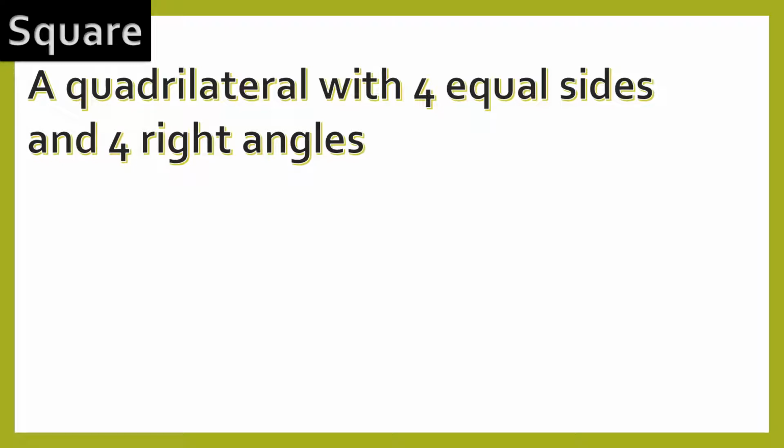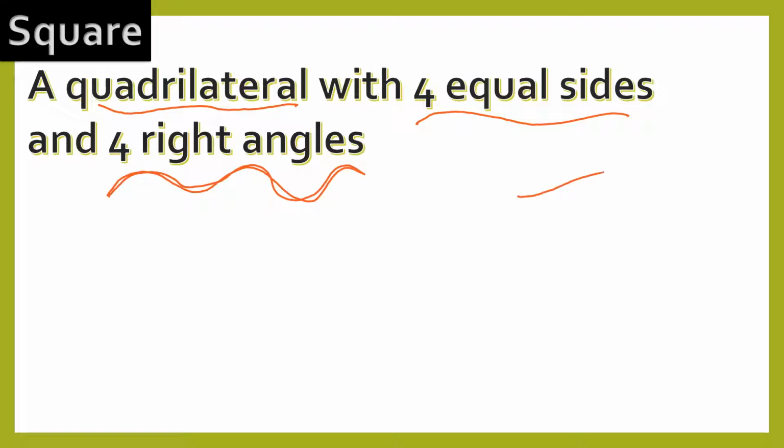Oh, it's an oldie but a goodie, the square. Write this down, please. A square is a quadrilateral. You can just use the letter Q in your notes if that helps. With four sides and four, this is important, four right angles.